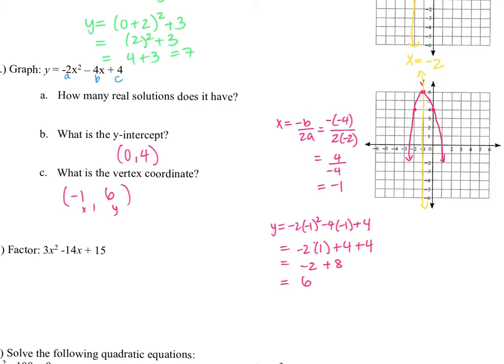So it looks like I get two solutions here because I noticed that this parabola cuts the x-axis at two places, here and here. So I have two real solutions. So when it comes to solutions, you're just counting how many times does the parabola touch the x-axis when it cuts through it. So there are 2 points here.